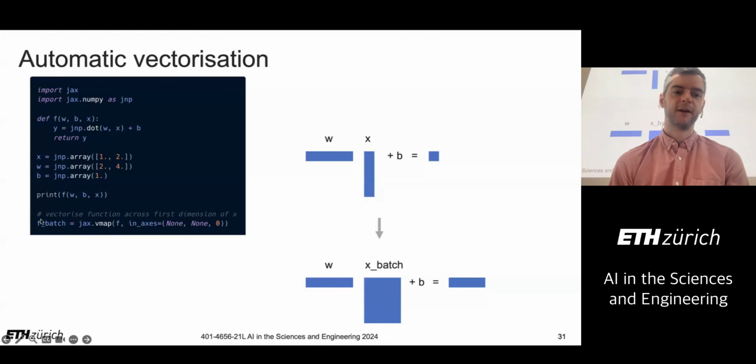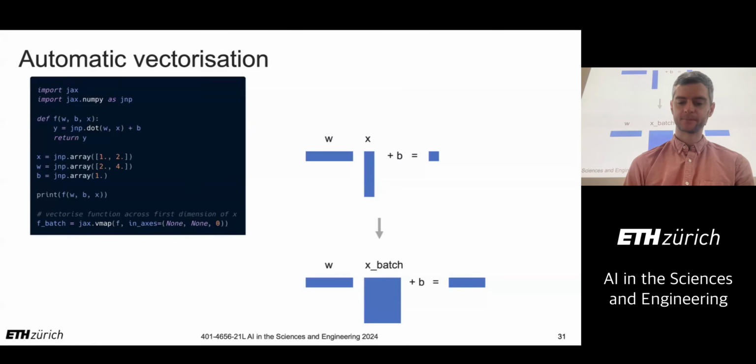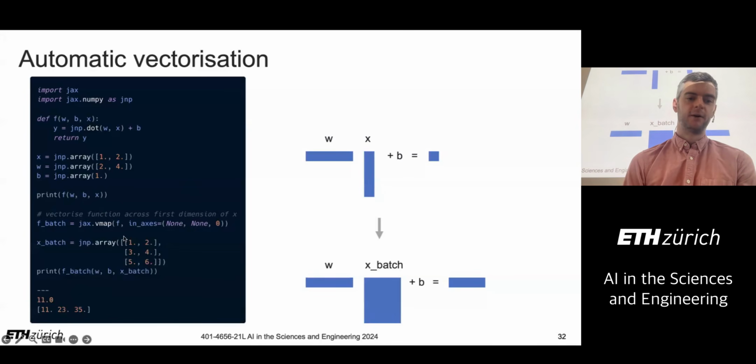So what this function fbatch is going to do is take W as input, take B as input, but then take X with an extra dimension added on the first dimension that contains all the examples we're going to run in parallel. Now if we create X here with an extra dimension with all these example vectors, and we print the output of fbatch, you can see that it's now giving us a vector as output instead of a scalar. So it's doing all these in parallel.